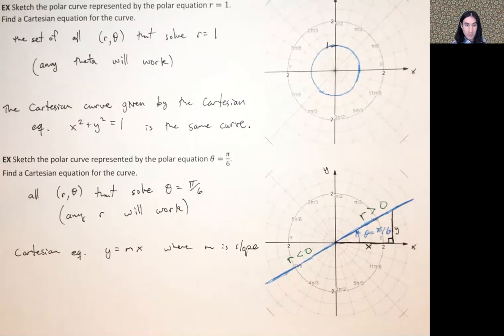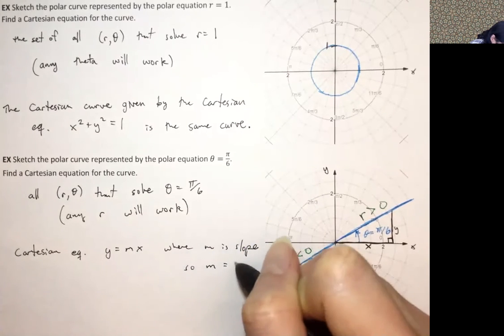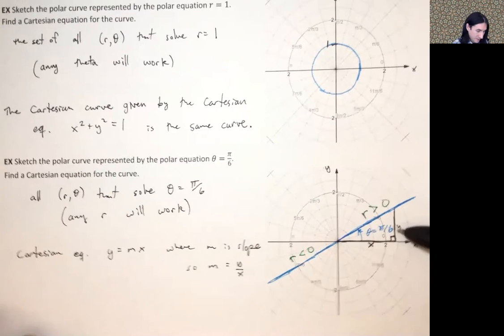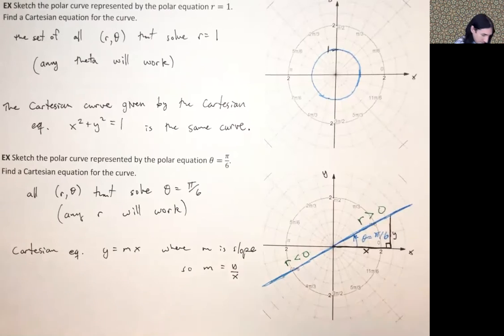And so the slope of that line is actually y over x. M would be equal to y over x. And you know a trig function that calculates y over x? Sure, that's the opposite side divided by the adjacent side. So that's tangent.